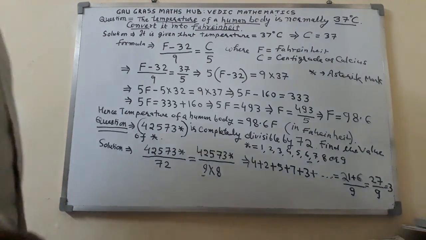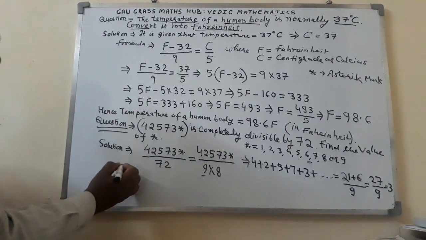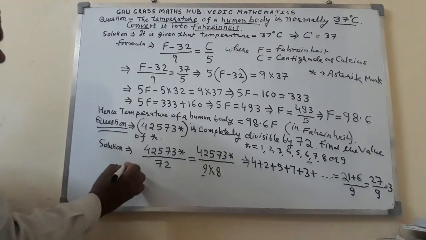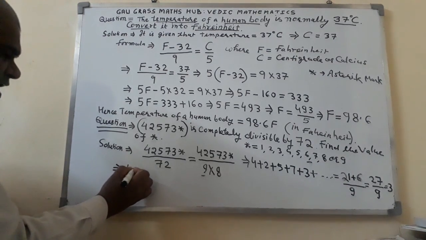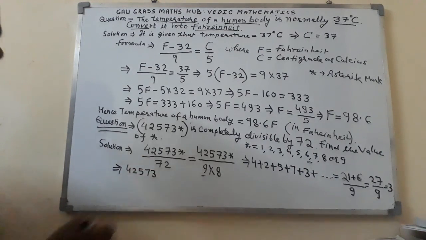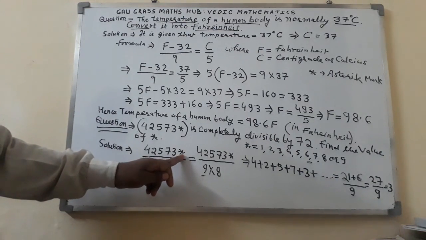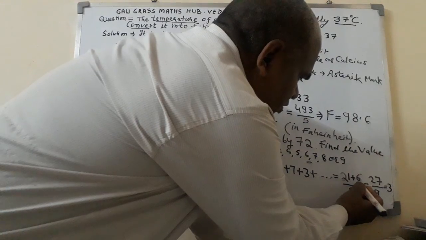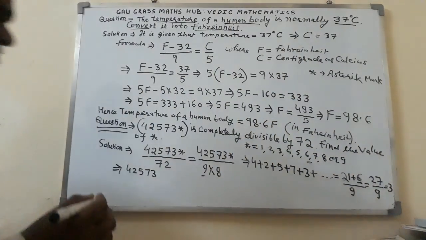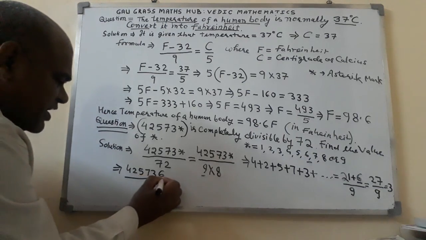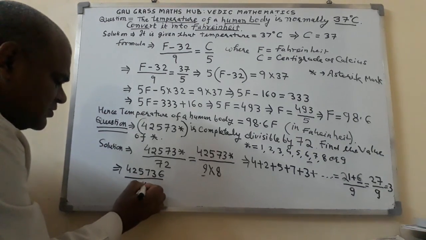So what will we do here? Here I shall write: implied that 425 73, in place of the asterisk mark I shall put 6, whole over 9 into 8.